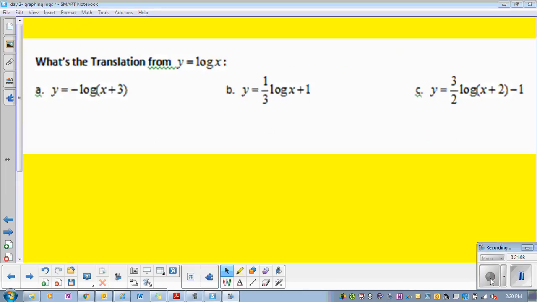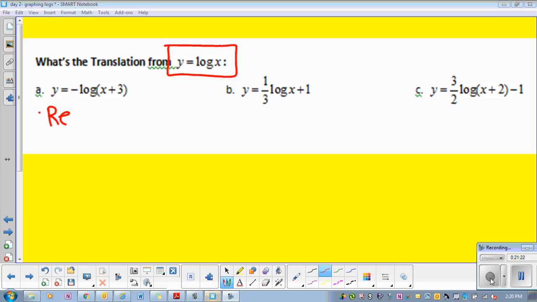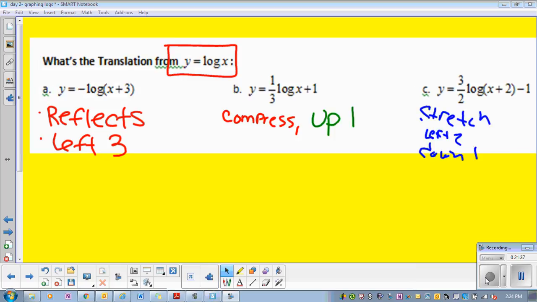So let's look at A, B, and C here. I want you to tell me the transformations from y equals log of x. So we'll do the first one together. Flips, good. Or it reflects. What else? Good. Left 3. I want you guys to take a minute or two to try B and C, please. Please be careful.